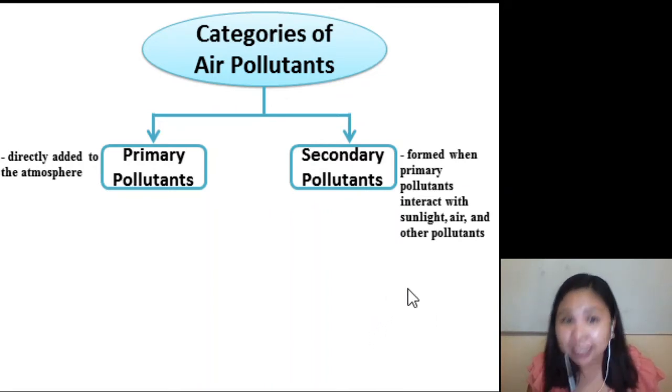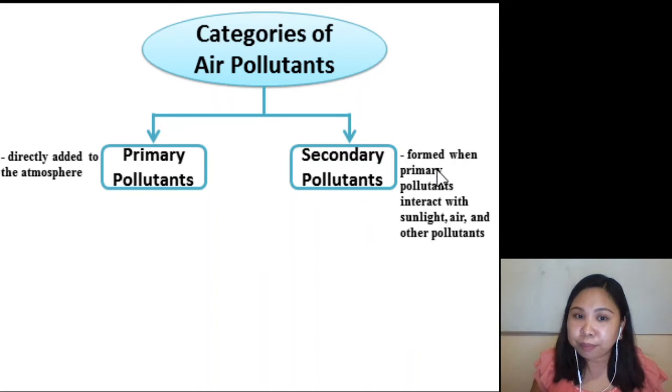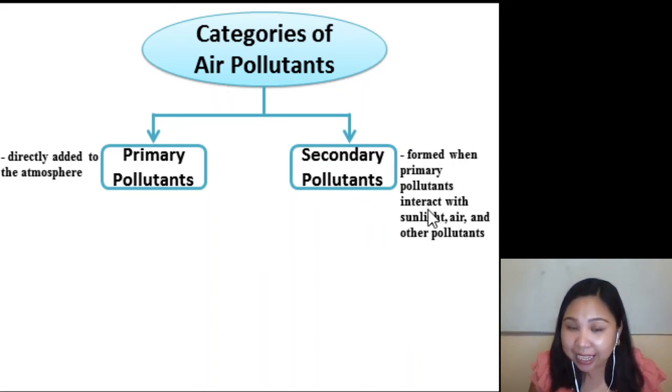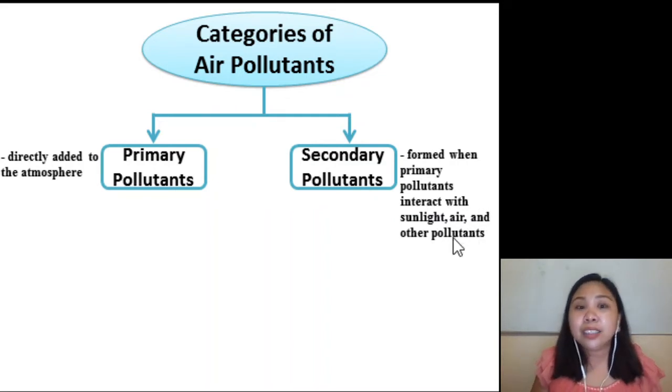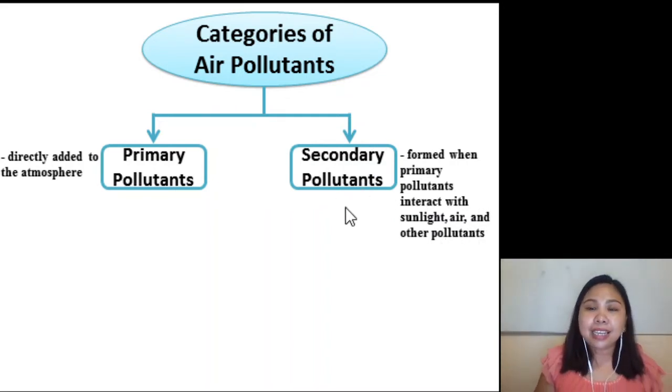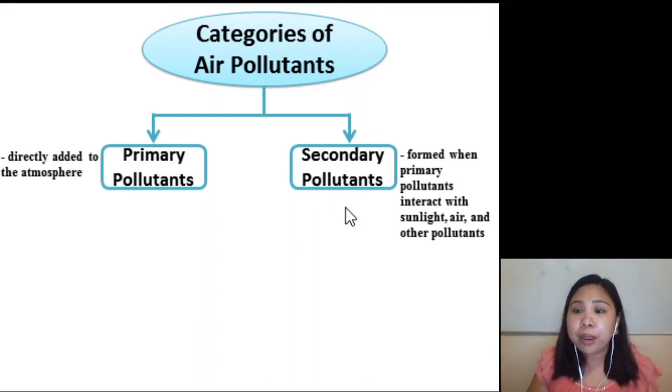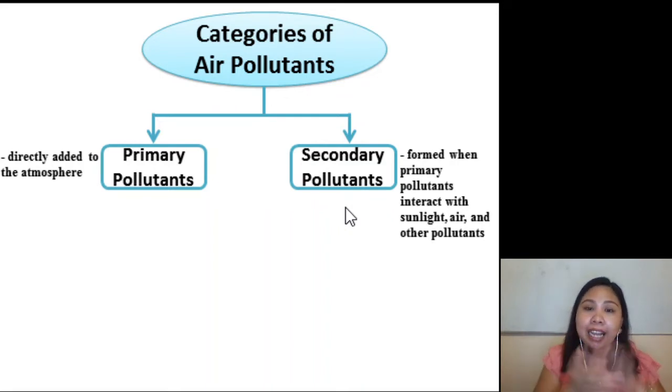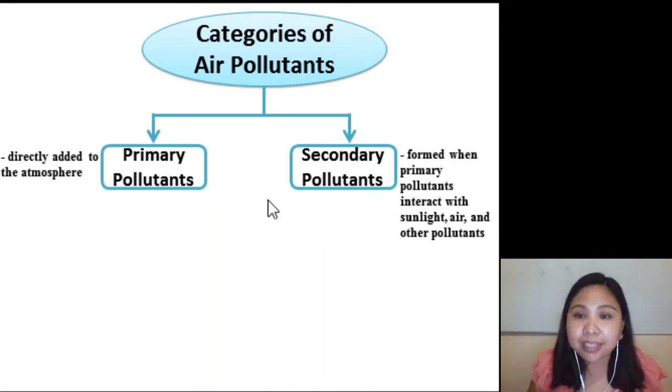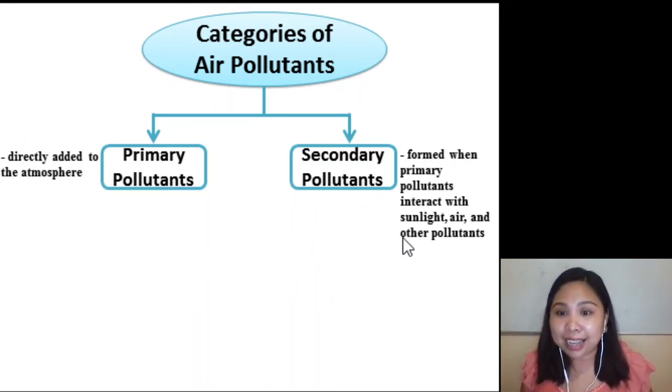These pollutants are formed when primary pollutants interact with sunlight, air, and other pollutants. They become secondary pollutants because, although they are not directly emitted, a chemical reaction occurs when primary pollutants interact with sunlight, air, and other primary pollutants.